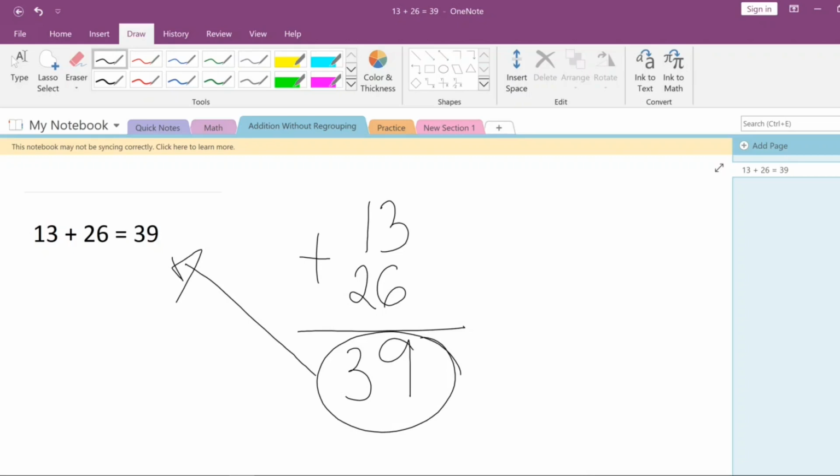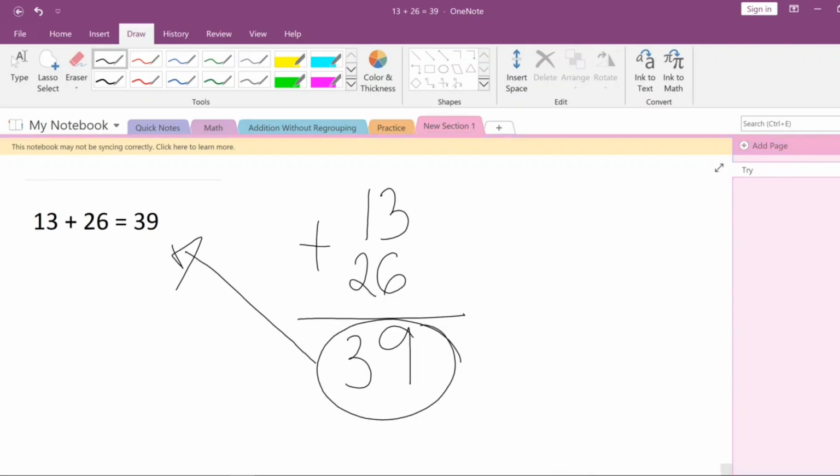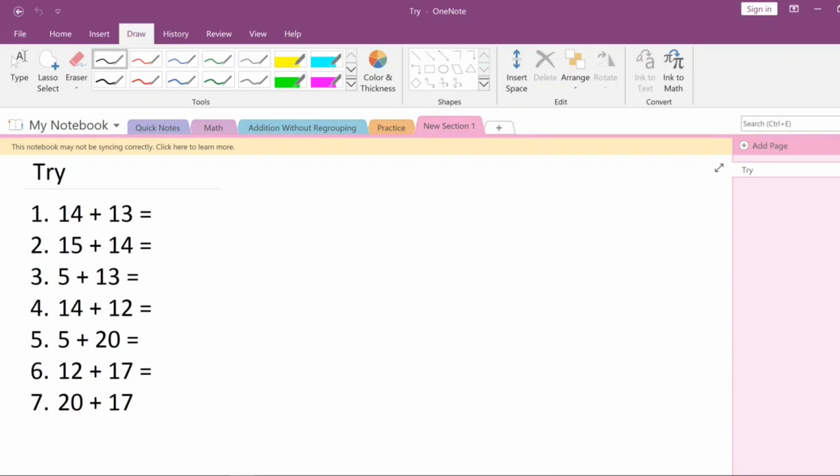Do you understand how to do this? If yes, here, try to do this. Number 1, 14 plus 13. Number 2, 15 plus 14. Number 3, 5 plus 13.